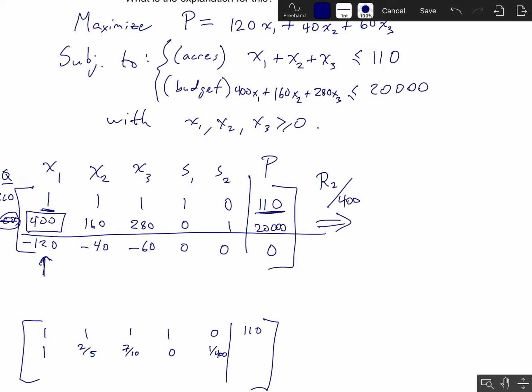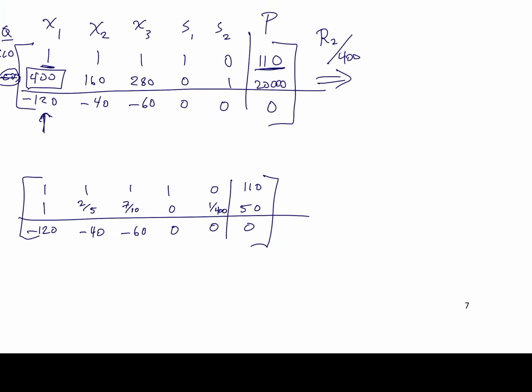And then for this last entry, it would be 20 grand divided by 400, but that's the quotient that we computed a second ago. We know that that quotient is 50. So we'll have that. And then our bottom row, again, is also not changing, so we'll have our original bottom row. So this is where we're at so far.